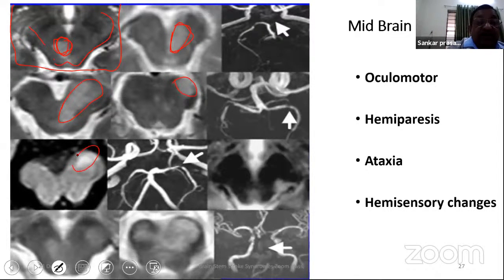They are affected, and you can get oculomotor nerve palsy, hemiparesis, ataxia, and hemisensory changes depending on whether they are present in the ventral area, the dorsal area, or the lateral area. And because of the vascular lesions which you are able to see here, these occlusions in small areas of the brain are infarcted and giving rise to various problems.